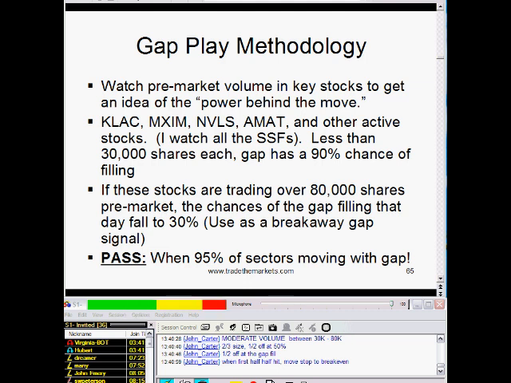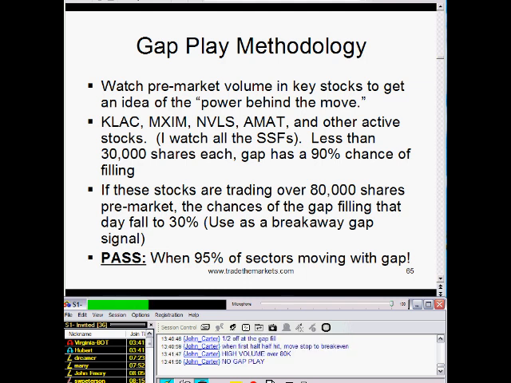So the last piece of this puzzle is if you have high volume of over 80K, no gap play. All right, so those are the trading rules for the gap plays. Or let me say no fading gap play.